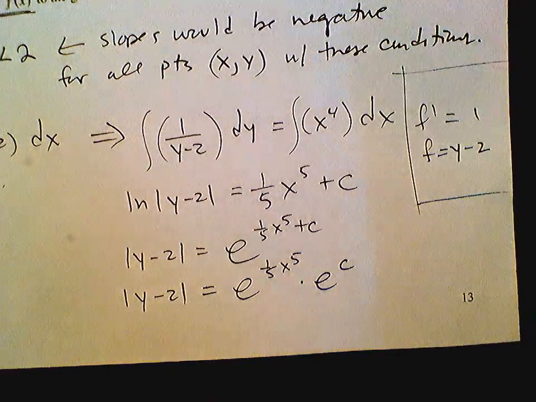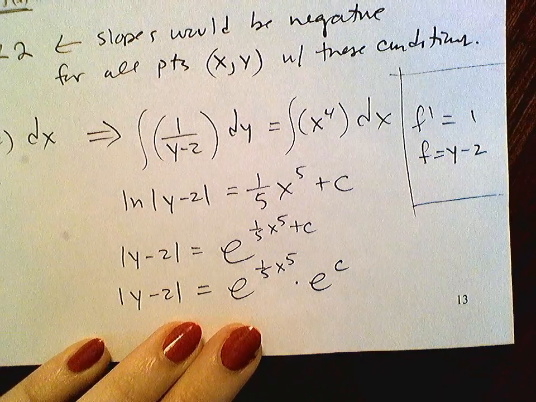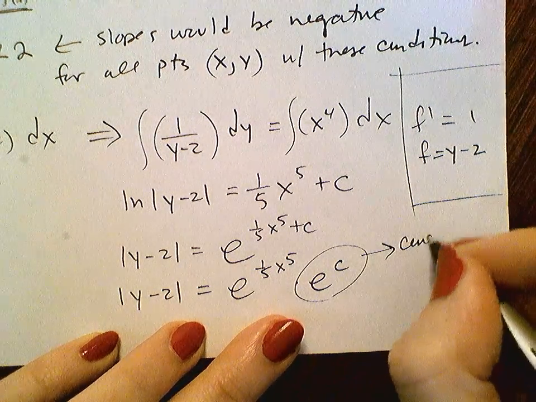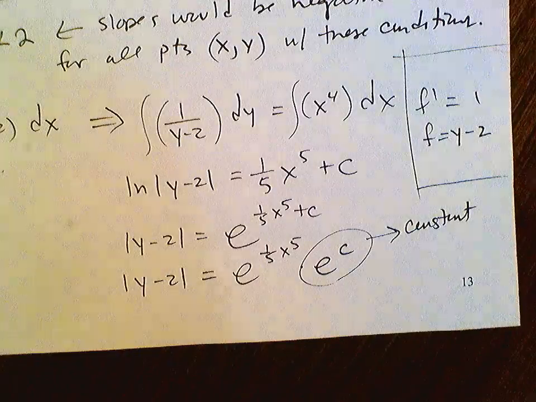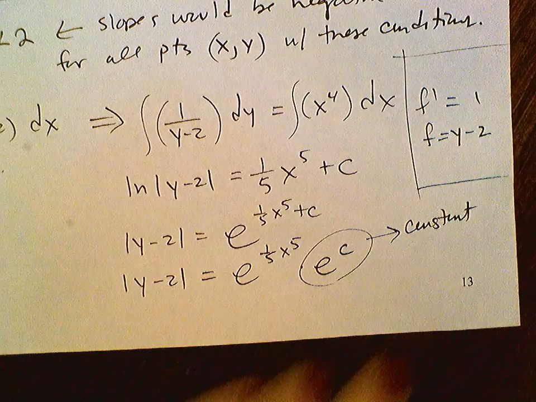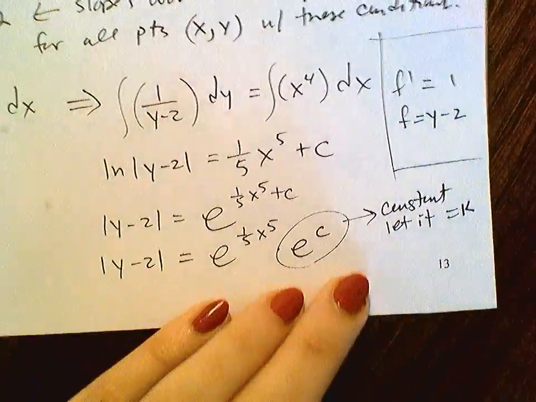Now, e to the c is just a constant. So, I'm going to call it k. Constant, let it equal k.